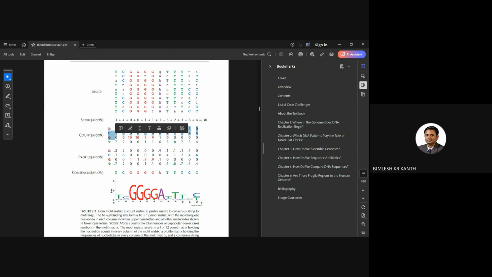We remove the highest, but suppose there is a tie, I mean there are two values with the same score in the same column. Suppose there are 11 motifs and you have 5, 5 and 1. In that case, you can go with one of the 5s.